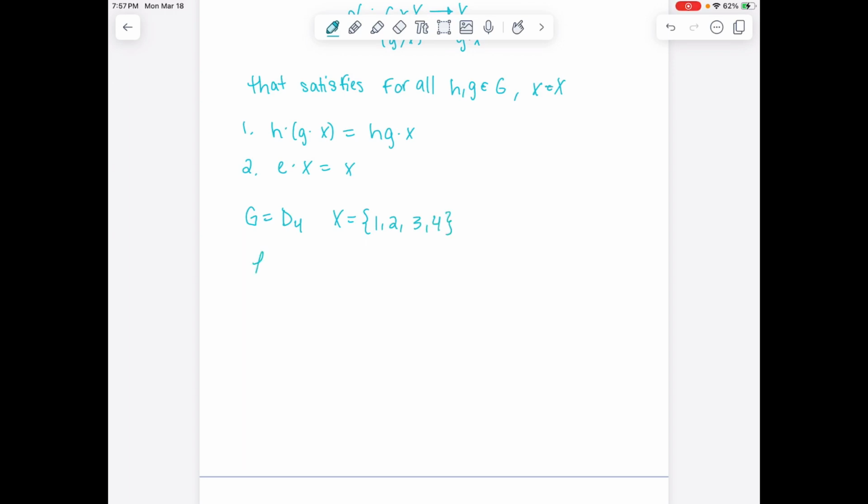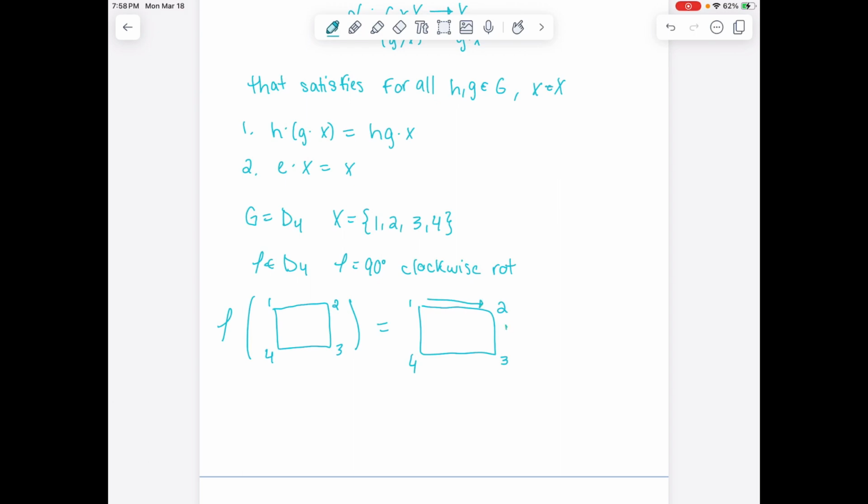If we took rho from D4 and let rho equal a 90-degree clockwise rotation, and we have the square with vertices like this, rho acting on the square would be, here's the intermediate step, we can think of it as the vertices which relate to which. If we think of permutations, 1 relates to 2, 2 relates to 3, 3 relates to 4, and 4 relates to 1. So we have 1, 2, 3, 4 with this orientation.